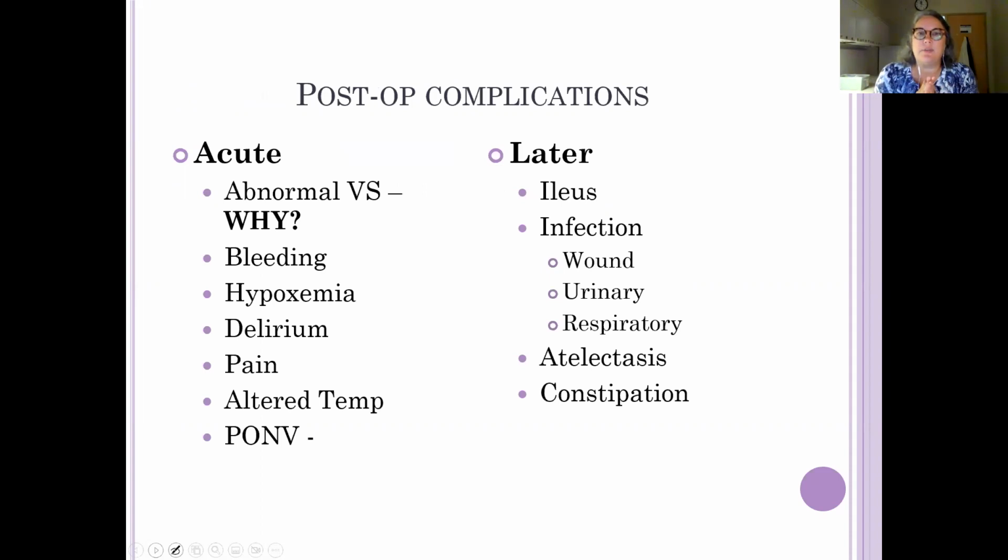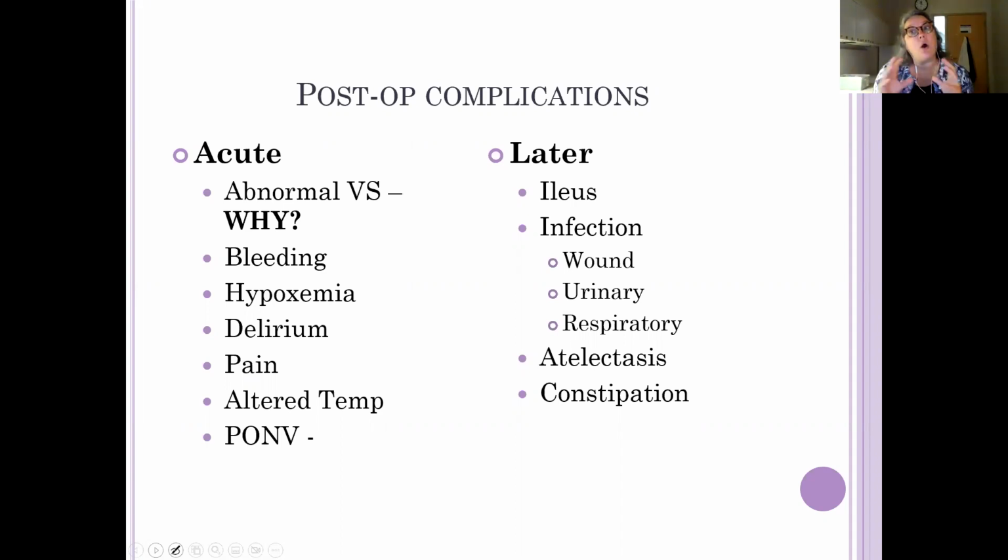There are different post-op complications that can happen. So we'll talk about this a little bit in class too, but I want you to understand that there can be some really abnormal vital signs, and there are degrees to the abnormal vital signs that happen in PACU.